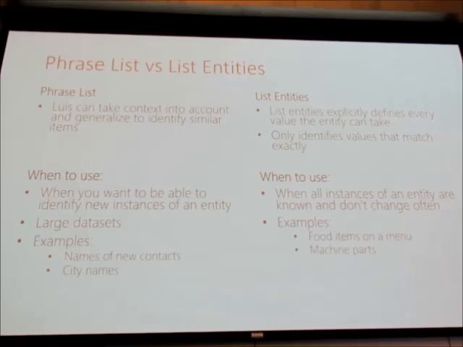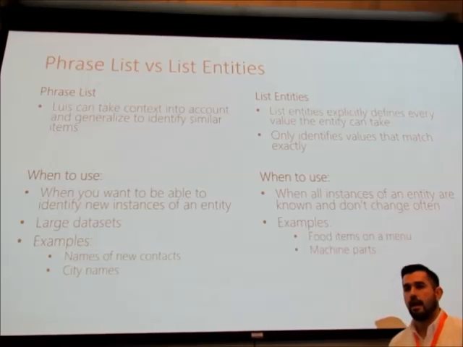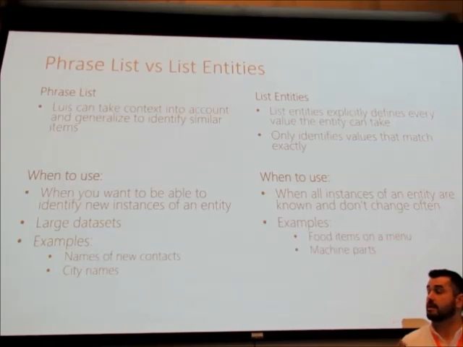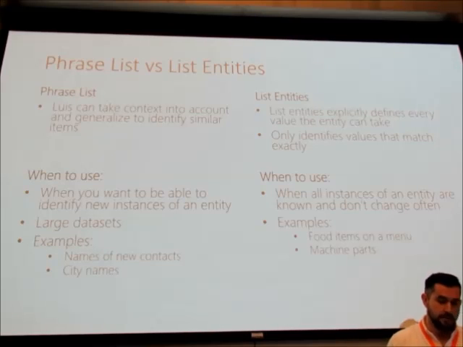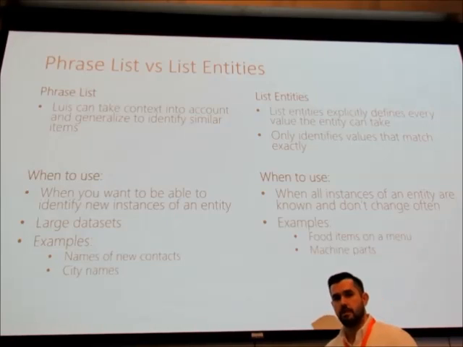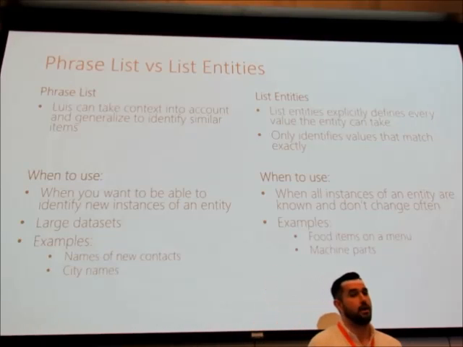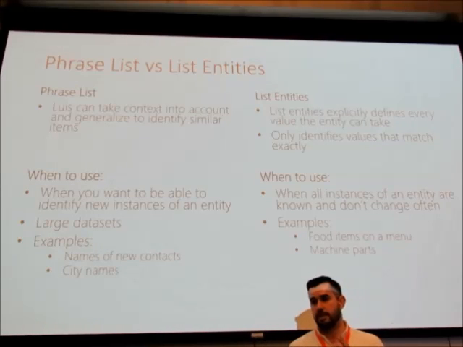They're very similar to list entities, and the biggest difference between a list entity and a phrase list is how much you know. If you have, for example, food items on a menu, you know exactly all your food items. You have a complete list of every noun that can possibly be said or entered.